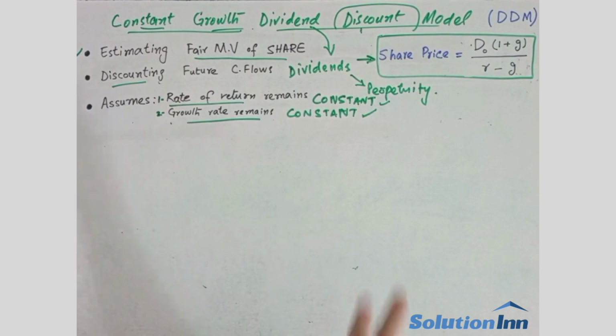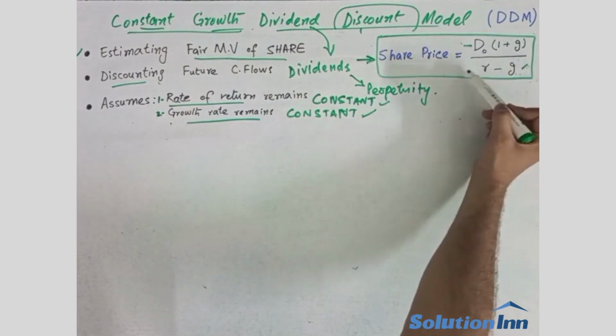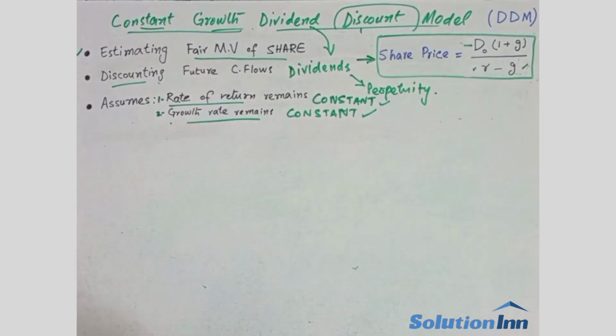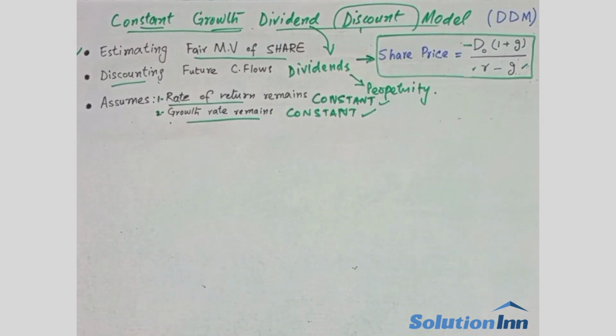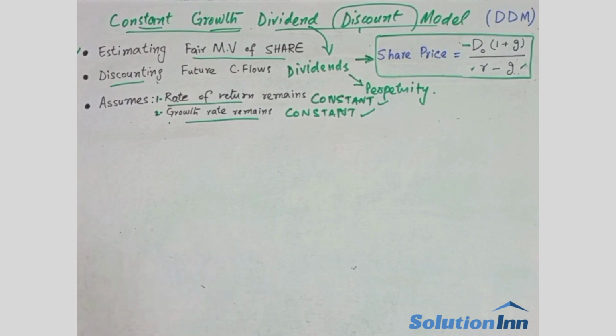So these three components, the dividends, the growth rate, and the rate of return, we are going to discuss in detail. First of all, dividends. Dividends normally come from profits that a company earns. Let's say a company produces goods or offers some services to earn profits, like a repairing service or something.